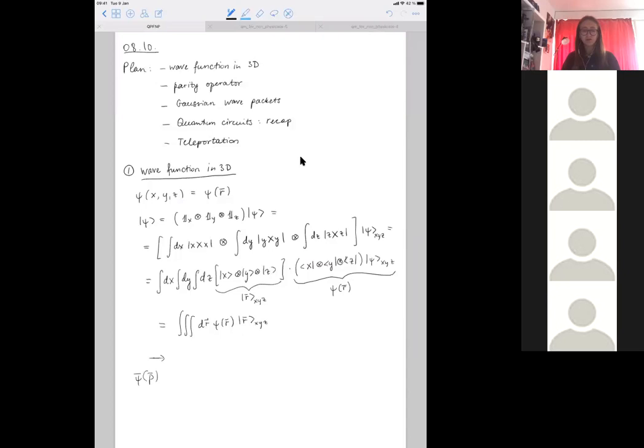We call the wave function in momentum representation, as usual, psi bar of p, and p now is a vector. Then this is just the bracket of ⟨p| with psi.